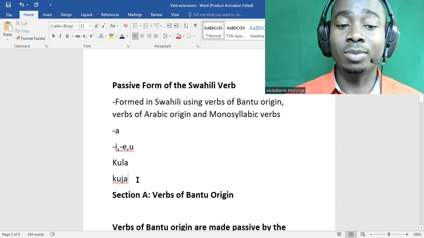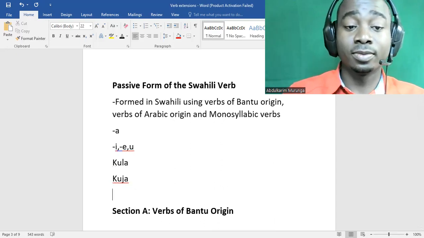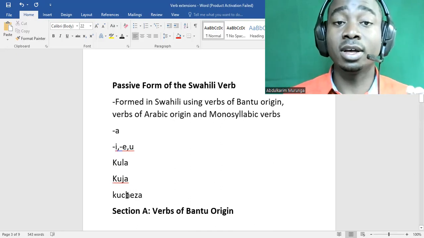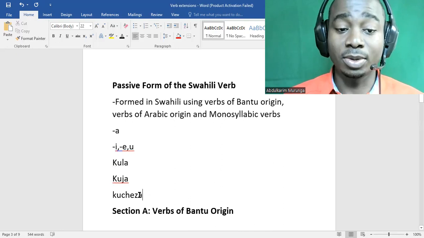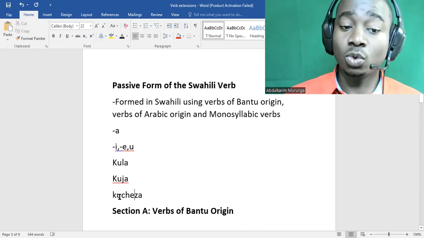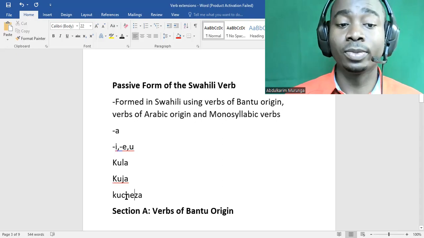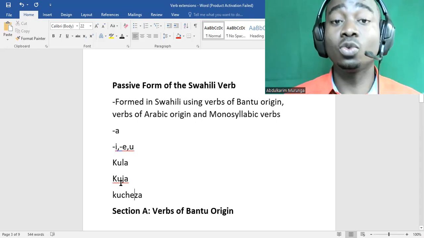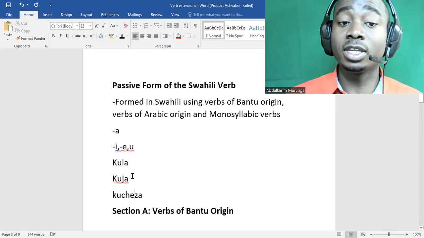You know, like we have the verb kucheza. Kucheza is disyllabic. We have this che and we have za. When we remove this ku, the infinitive ku, the verb becomes cheza, and it has 2 syllables. But this one kuja, when we remove the ku, it remains ja.